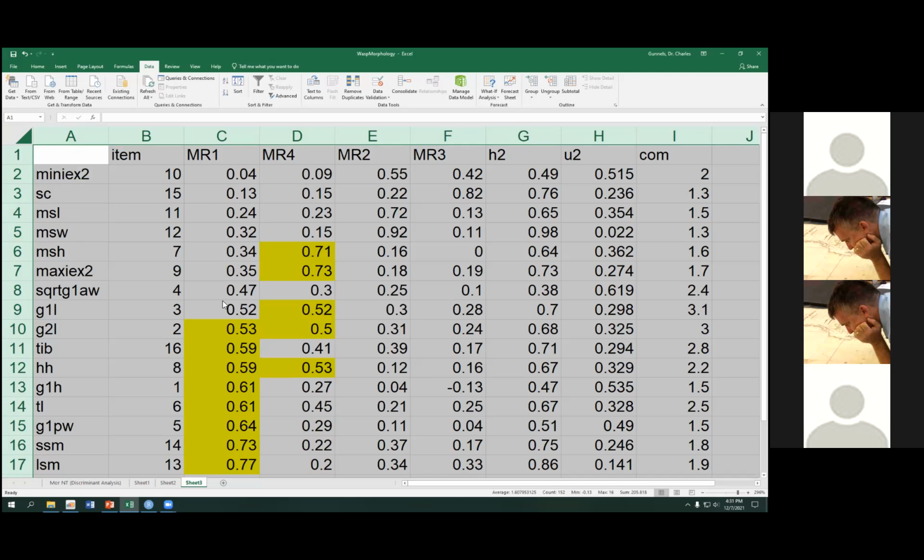Everything on column A are the body parts. And when we look at MR2, we're kind of getting another measurement of size. So they're both kind of giving us size. This is giving us size, a little bit based on gaster, a little bit based on the thorax, a little bit based on leg length.